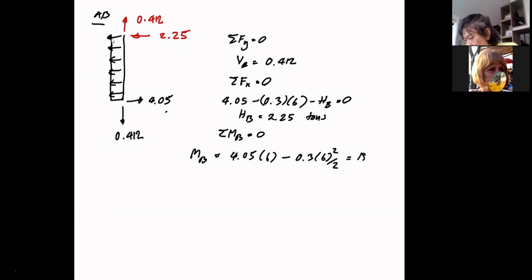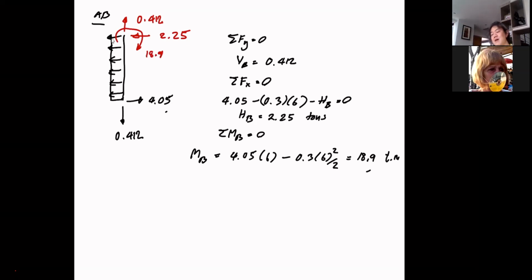That is 18.9 ton meter. See, that number is pretty large compared to the load, which is only in hundreds. Okay, and this is the moment, 18.9 ton-meter.